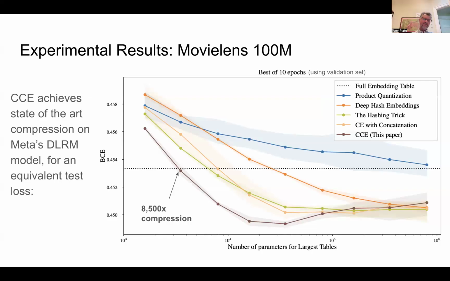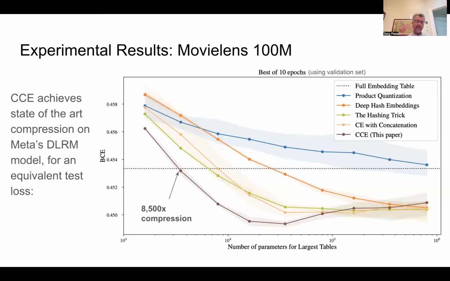Okay, interesting. Hey, I just have a quick question about this very slide you've got up here. I'm not understanding how this is 8,500 times compression. It looks like it's going from 10 to the 6 parameters down to 10 to the 3 parameters, so the whole table is a 1,000 times data storage difference.